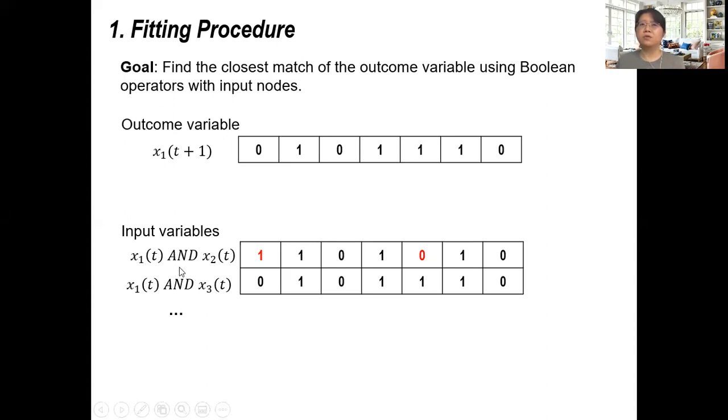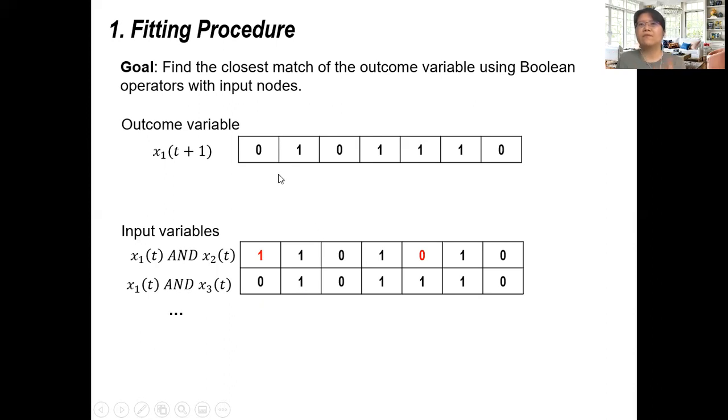And we can compute this form of Boolean function using the observed time series, because we know the time series of x1, x2, x3, and we can compute x1 and x2 at time t. And we have this time series for this function and this time series for this function.